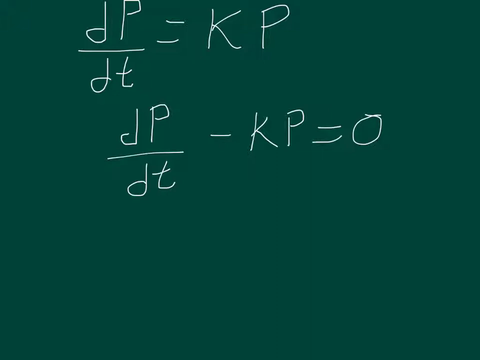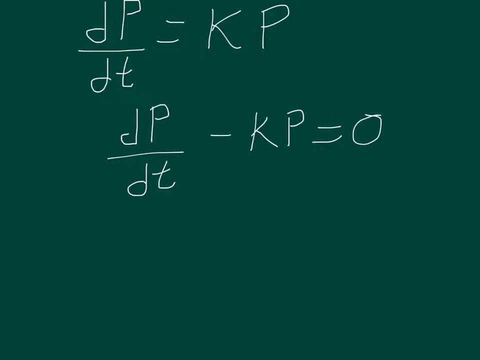Our integrating factor is dependent on the coefficient of our dependent variable. In the case of this differential, we have a function that's dependent upon t, and that function is p, which is the population, and that's what we'll be solving for.